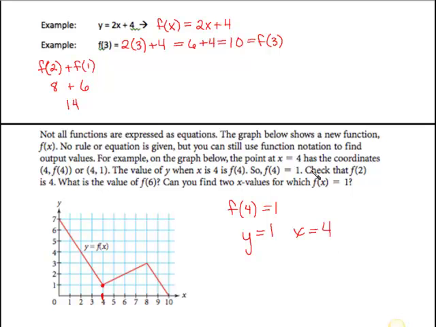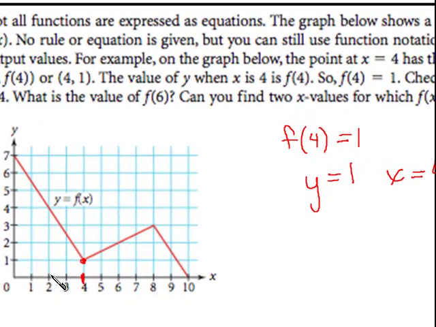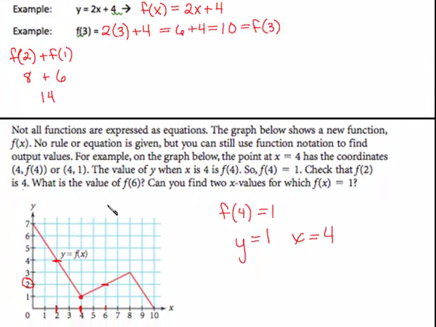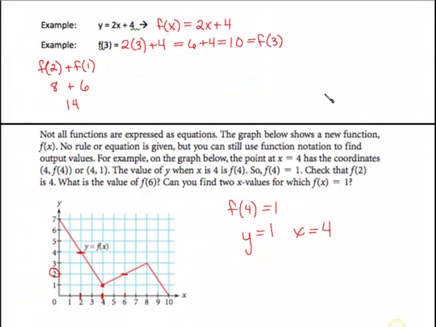All right, so if we can check that f of 2 is 4, we go to where is 2 as an input value or an x value, and we go up to our function, and yes, f of 2 is 4. What is the value of f of 6? Well, let's go to an input value of 6 up to our function, and we see over here f of 6 is 2.